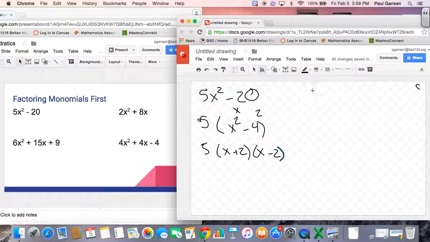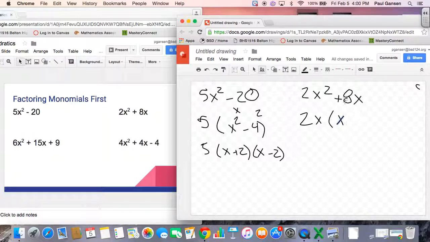Let's try the 2x squared plus 8x. Again, we're looking for common factors between both of these. I see that both of these are divisible by 2, and both have a common factor of x. So I'm going to factor out 2x. When I factor 2x out of 2x squared, you can think of it as dividing it out as well, and I'm just left with x.